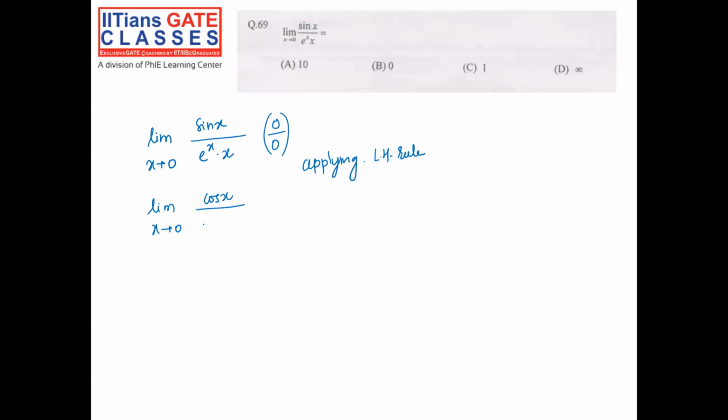The first function as it is, differentiation of x is 1, plus x as it is, differentiation of e to the power x is e to the power x. Now if you put x is equal to 0, we end up with 1 divided by e to the power 0, which is 1, plus 0. So the answer is 1 here. The correct option is option C.